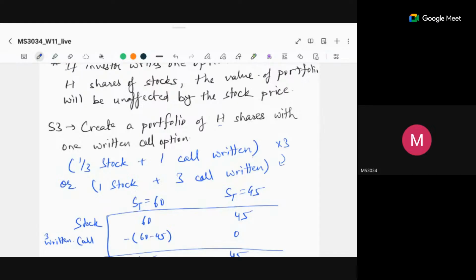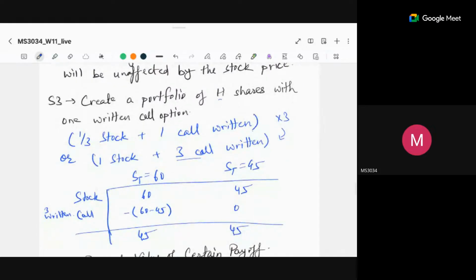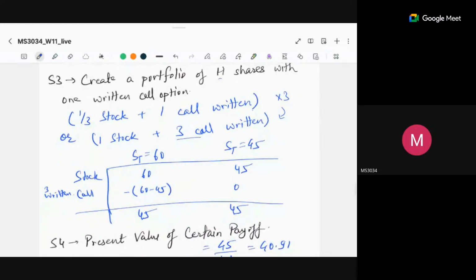So if I multiply by 3, I get a portfolio with one stock and 3 written call options. Let's analyze how this portfolio behaves, whether it has a certain payoff or not. There are two possible prices, up or down, 60 or 45. The stock will have whatever the price is, 60 in this case, 45 in this case.